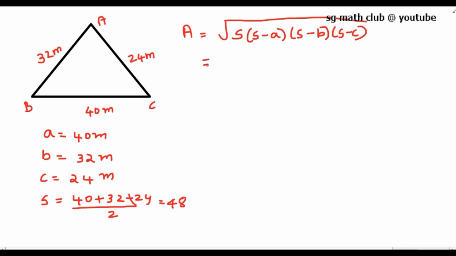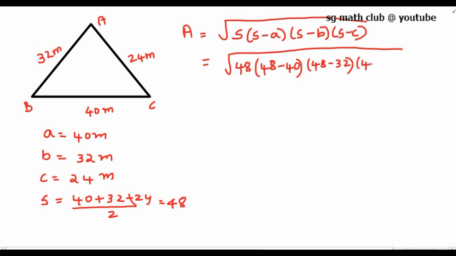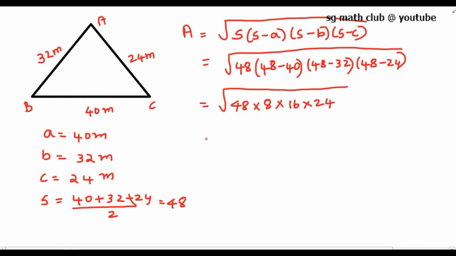Now we will substitute in this formula. It is the square root of 48 into 48 minus 40, 48 minus 32, again 48 minus 24. So it is equal to 48 into 8 into 16 into 24. Now we need to simplify this and find out the answer.